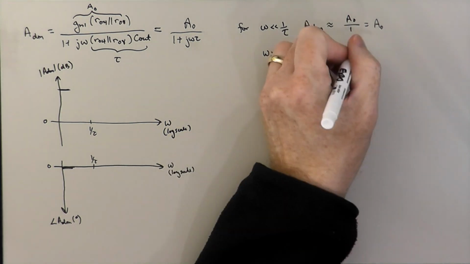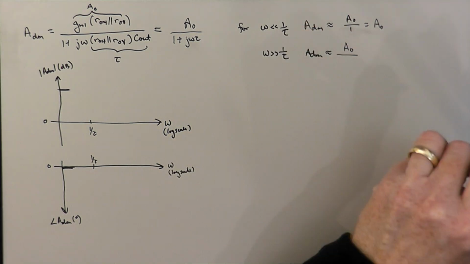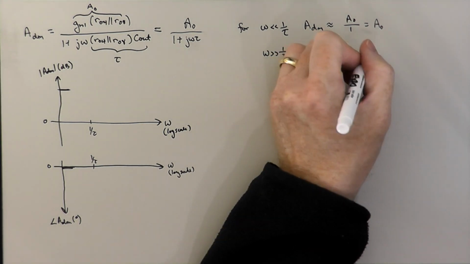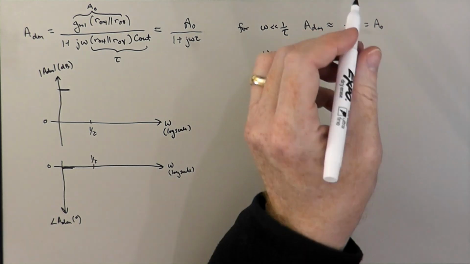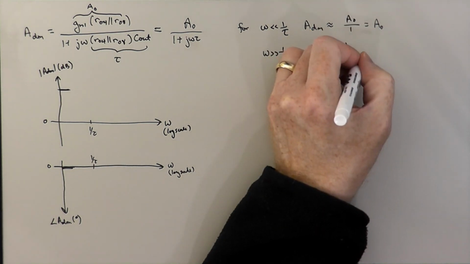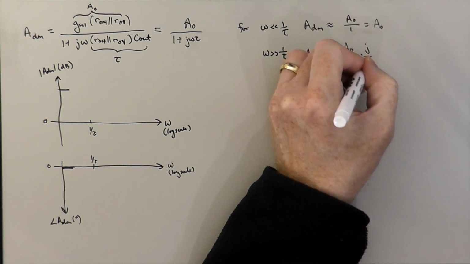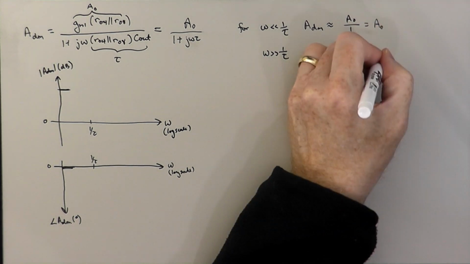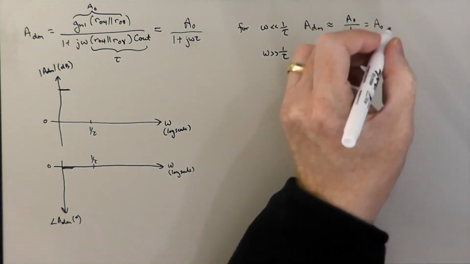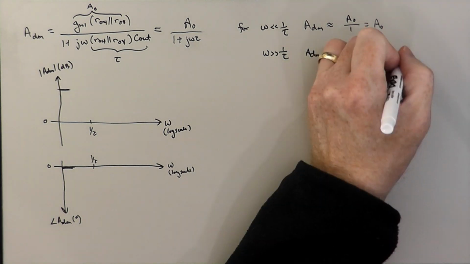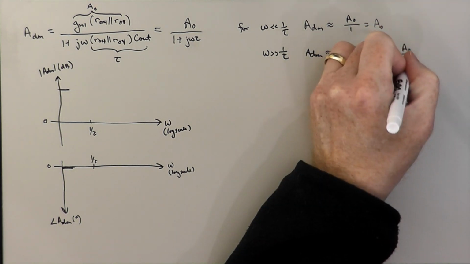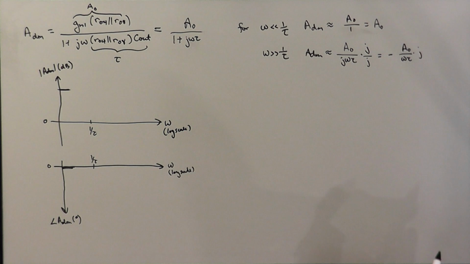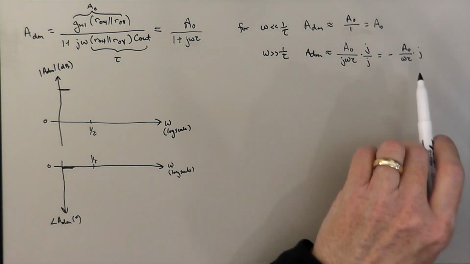And so ADM is going to be approximately A0 over j omega tau, which, if we rationalize the denominator, we can write as minus, from the j squared downstairs, A0 over omega tau times j. So here j is the square root of -1.